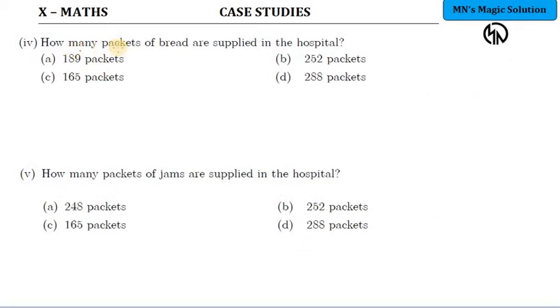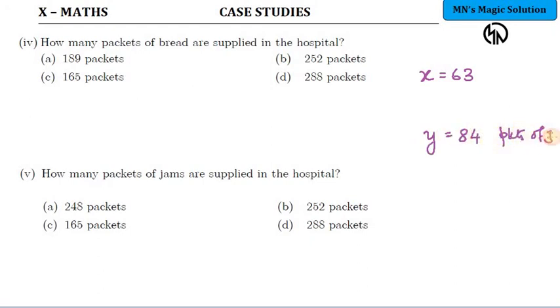Question number 4: how many packets of bread are supplied to the hospital? Very simple. We just found X. It was 63 packets of bread, right? And we found Y. It was 84 packets of jam.